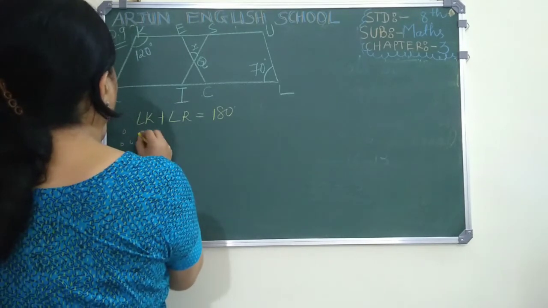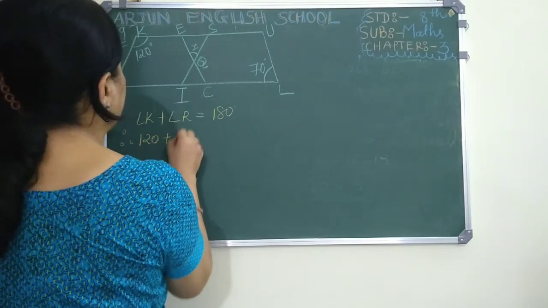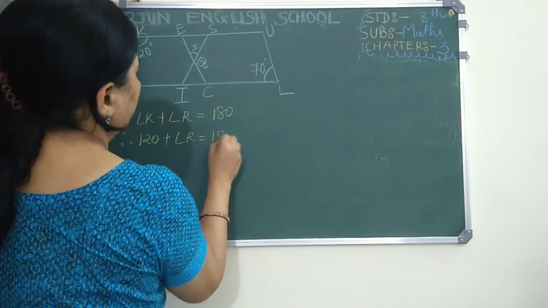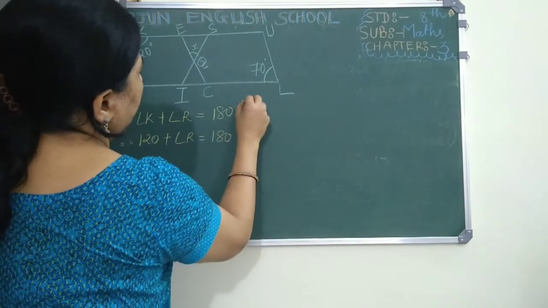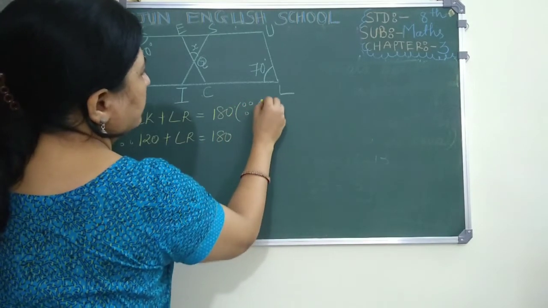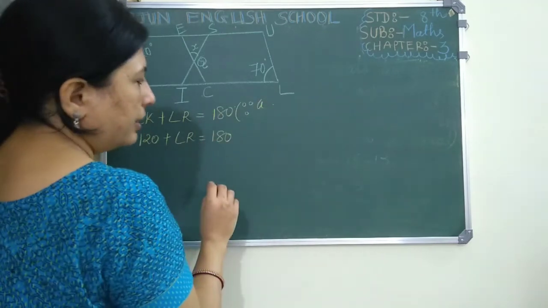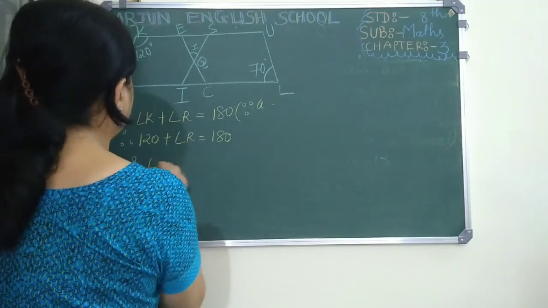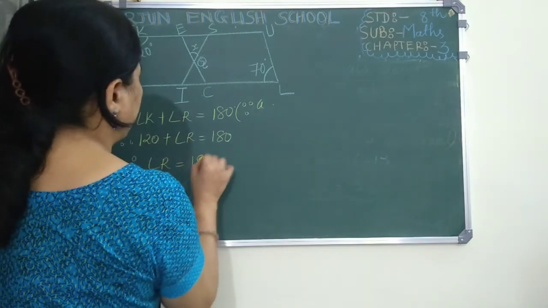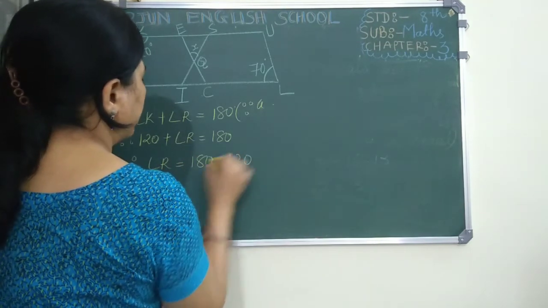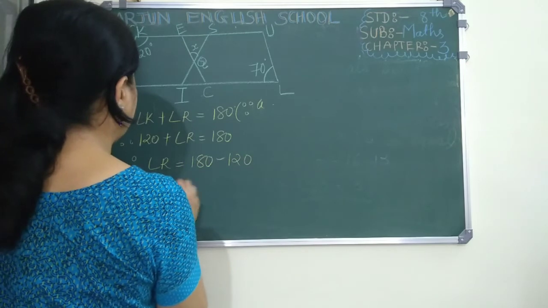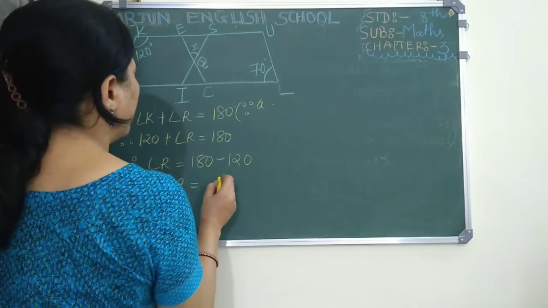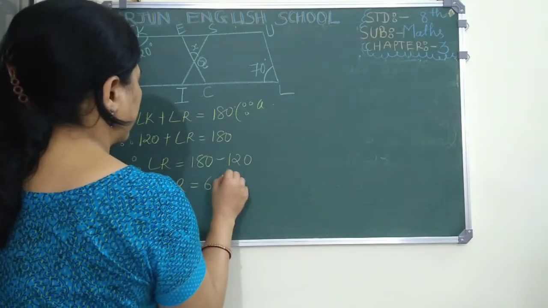Therefore, 120 plus angle R is equal to 180. Here you will write that the same adjacent angle R is supplementary. So angle R is equal to 180 minus 120. Therefore angle R is equal to 60.